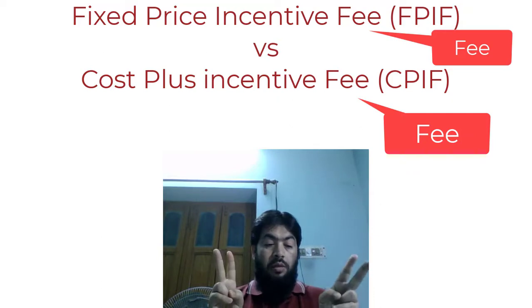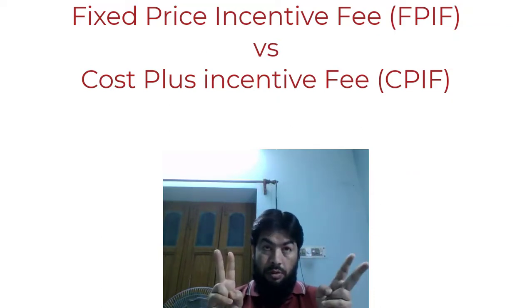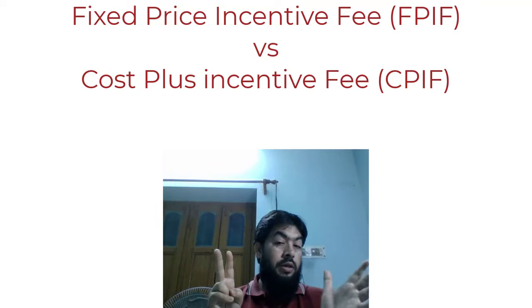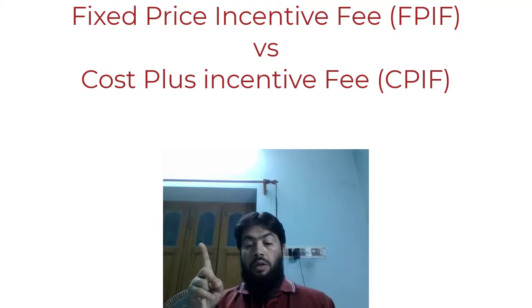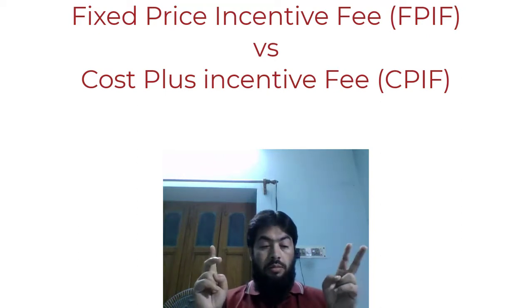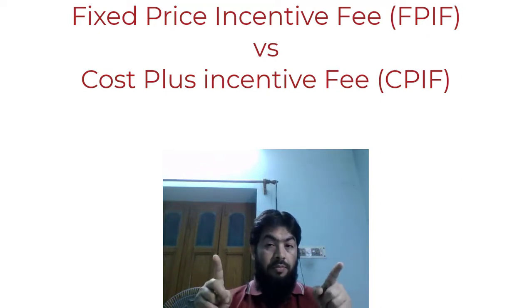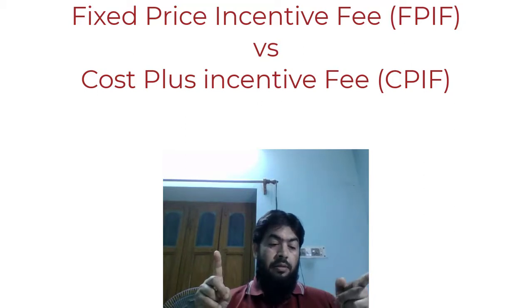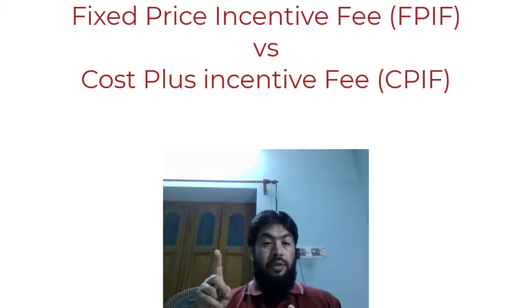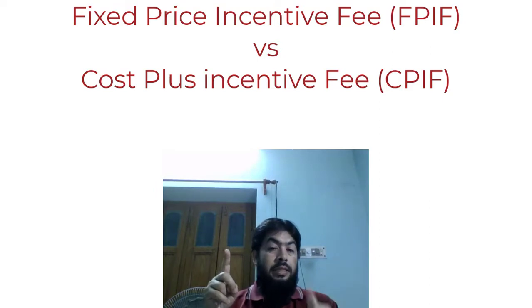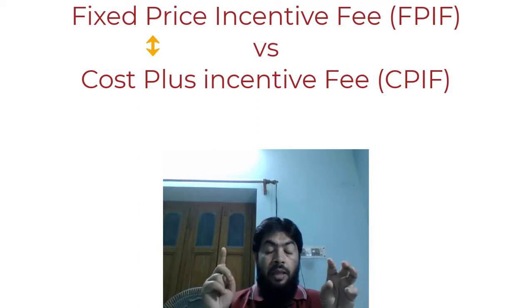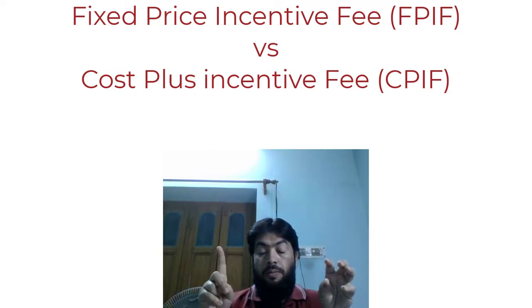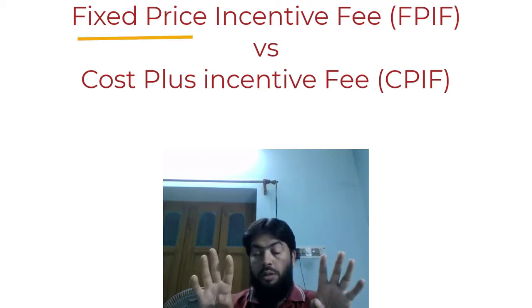Now one has cost plus, it has cost. It's a totally different kind of contract. Another has fixed price. Both have a P as the second term. In cost plus incentive fees, the incentive part is very important, and in fixed price incentive fees, the fixed price is the most important part.